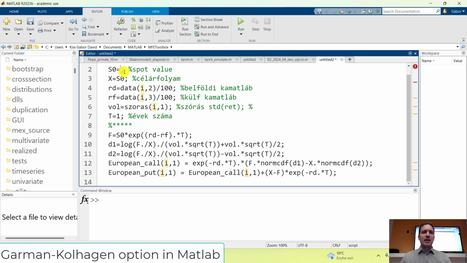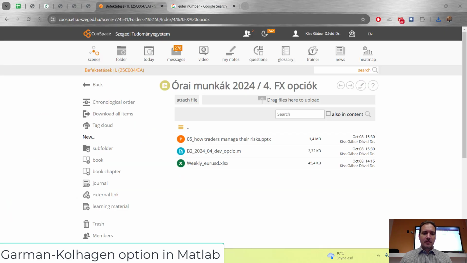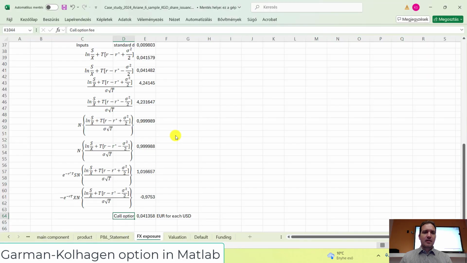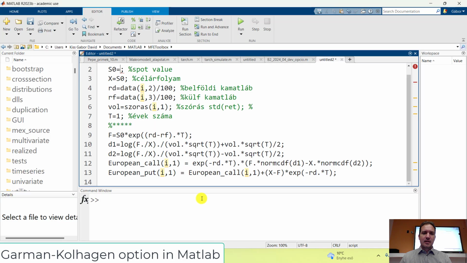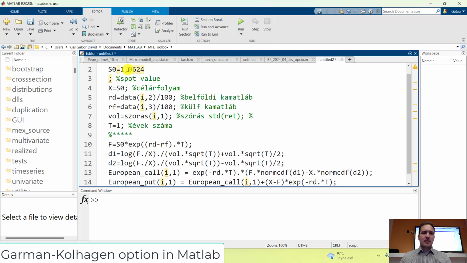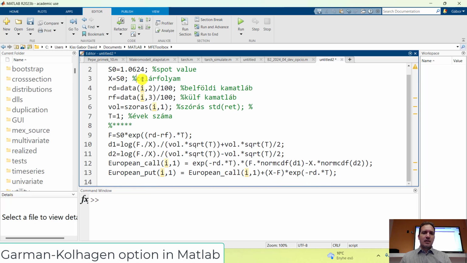We need the spot value, which is this number. We have the target rate, targeted value, which is 1.